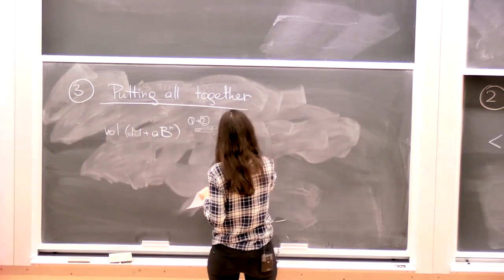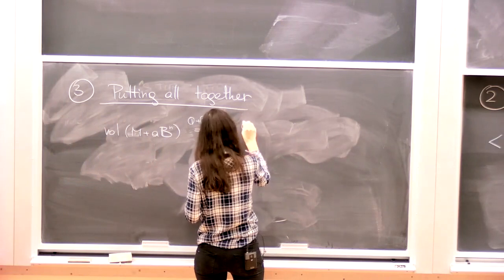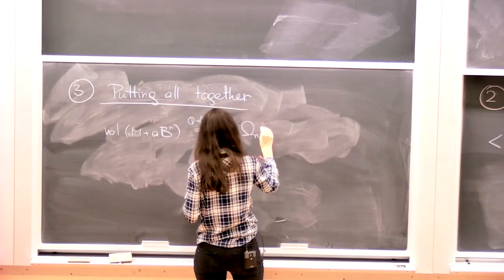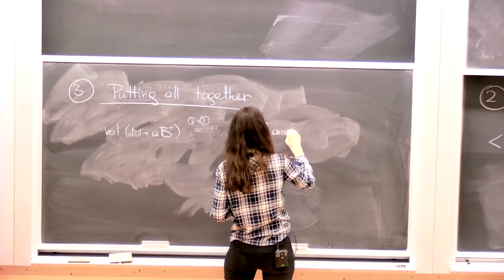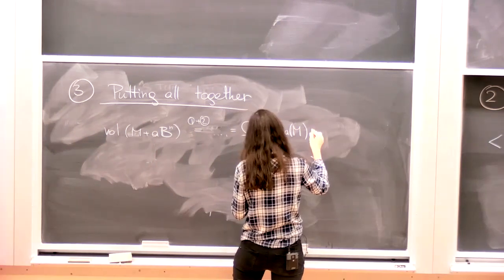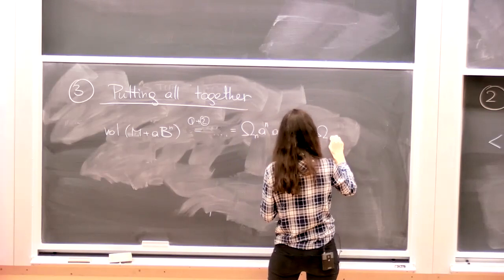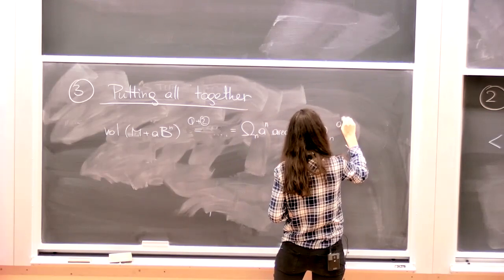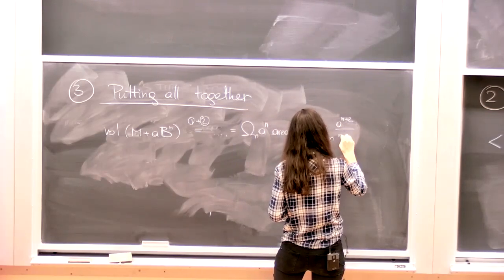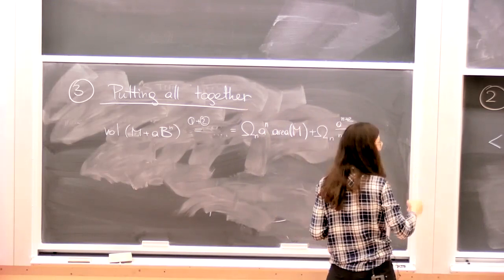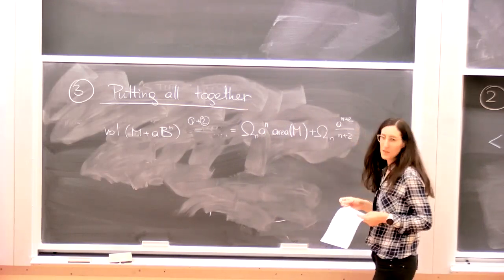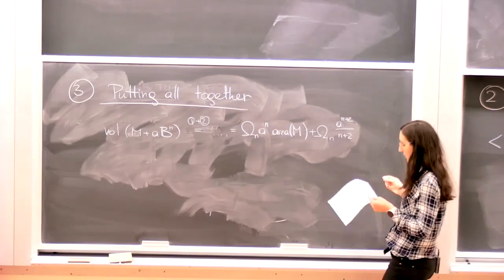And then what we get, in these 2 dimensions, is omega n, a to the power n, the area of M, plus omega n, a to the power n plus 2 over n plus 2. And then we would integrate the scalar curvature, but if we are assuming closed, then that's just, again, the Euler characteristic.